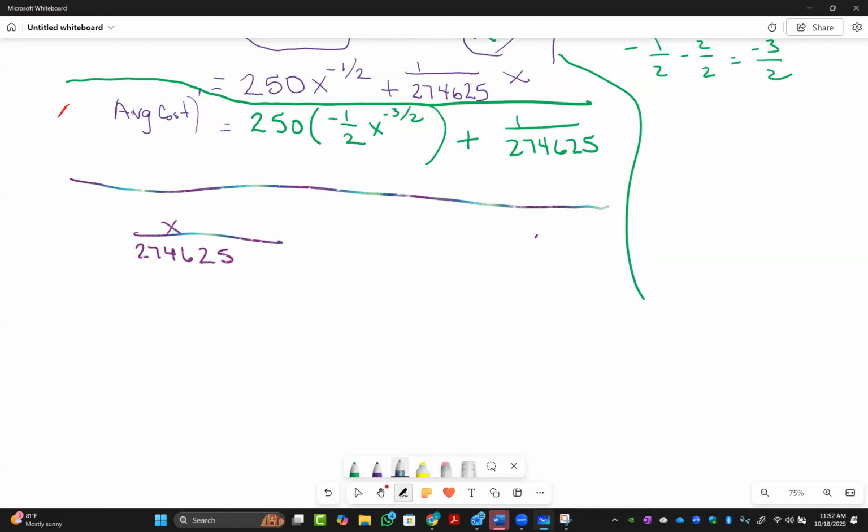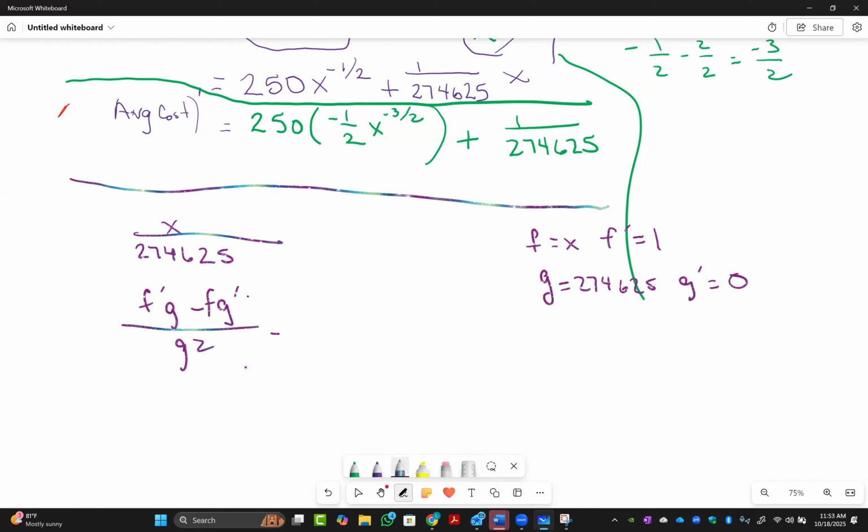So we can say f equals x, and f prime equals 1. Then g is 2,746,25, and g prime equals 0. So we have f prime g minus f g prime, divided by g squared, right?